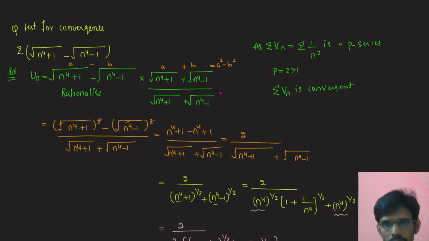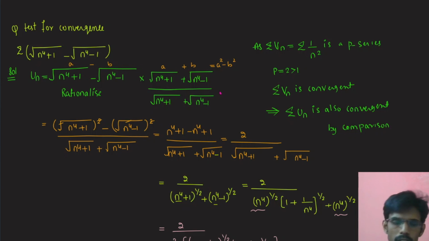If sigma Vn converges, then automatically sigma Un is also convergent because of the comparison test. Comparison test says that if one converges, then the other automatically converges. Both converge or diverge together, or simultaneously, by the comparison test.